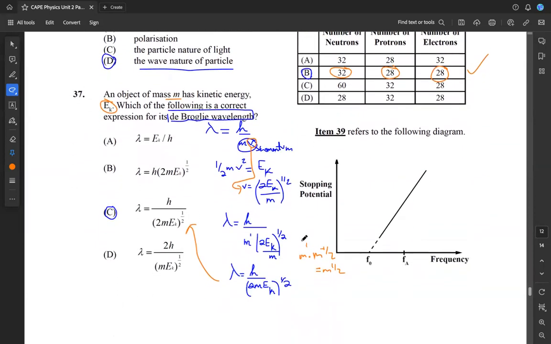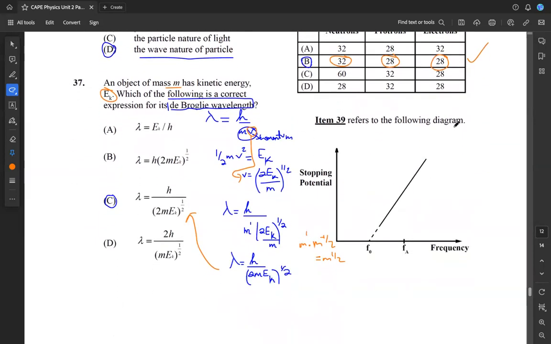So moving on to 39, item 39 refers to the following diagram. So this is our stopping potential. This is our threshold frequency. And then this is the frequency of our photon, right? So the threshold frequency, remember we said that that's what we use to calculate the work function. So the work function is gonna be h times that, f naught.